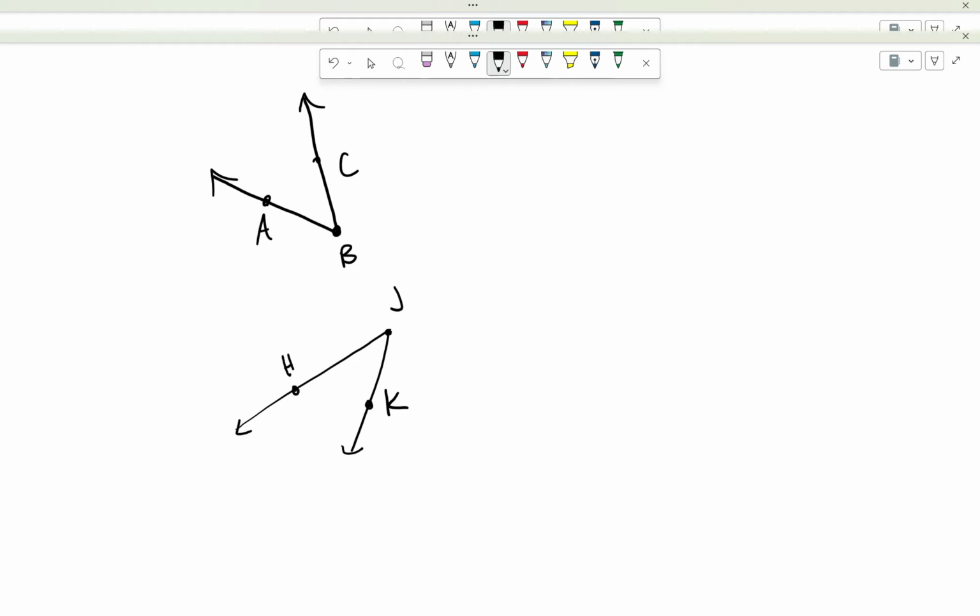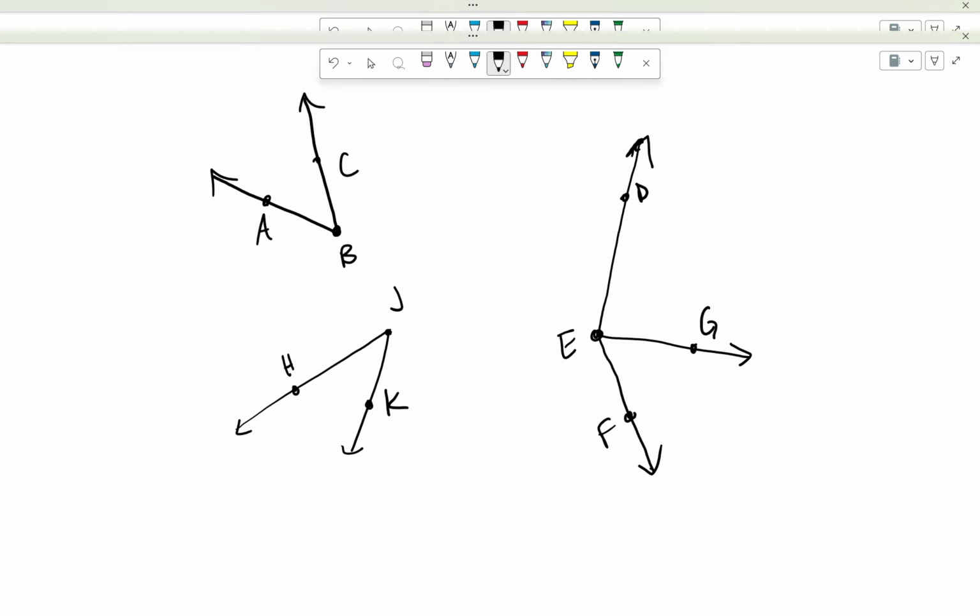And then I have one more. Oh man, this is pretty crooked, huh? Or maybe it's intentionally so. It's an angle with another ray coming out of it, where I have D, E, F, and G.